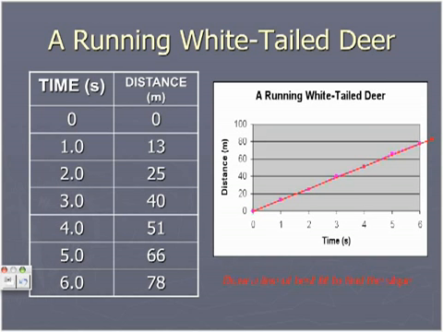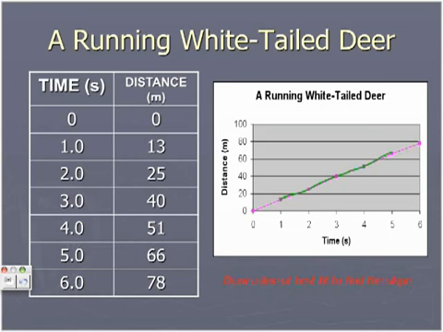In math, we think about the rate of change or the slope, the rise over run. But if the line is jagged as we had it, notice the speed changes.